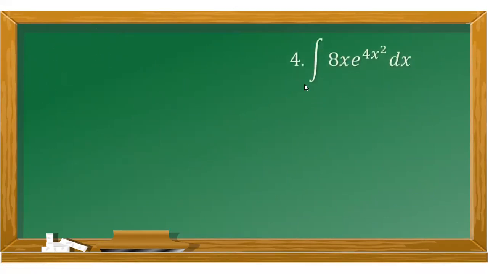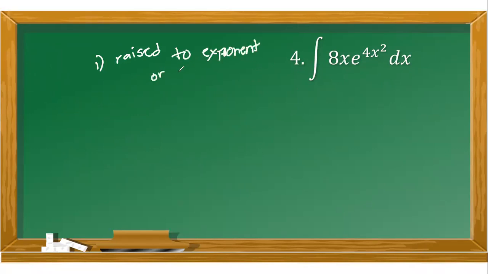Number 4, 8x e raised to 4x squared. Okay, so dito naman, kung kanina sabi ko ang karaniwang nilelet kay u is yung naka-raise sa exponent function, mga naka-raise to exponent or radical.